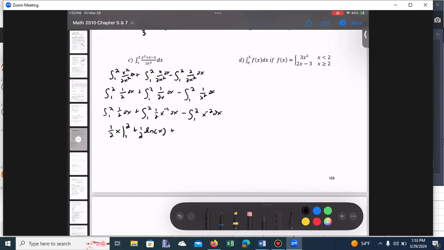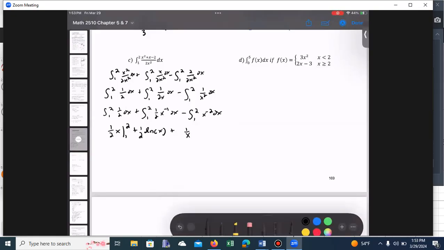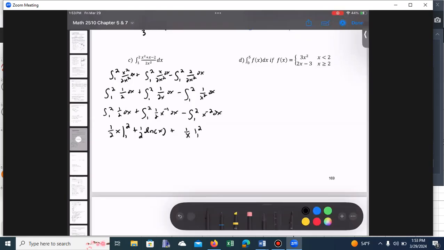So that's going to make that a positive 1 over x. Evaluate from 1 to 2. And so we can again write this as one whole antiderivative, 1/2 x plus 1/2 natural log of x plus 1 over x, all evaluated from 1 to 2.